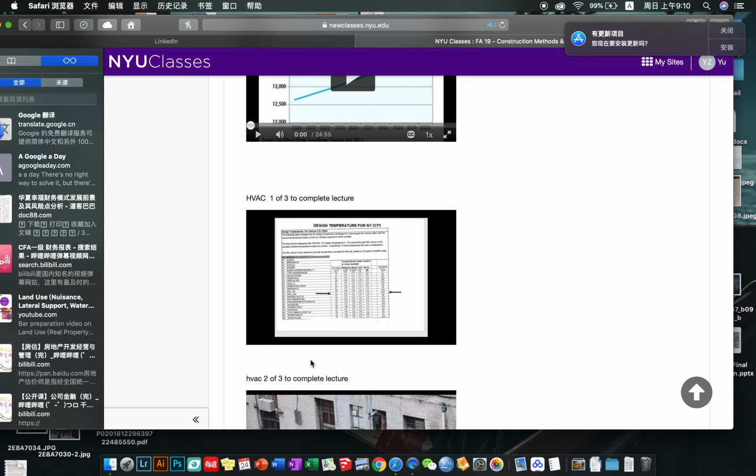When they're designing for various cities around the country, there is published historical data that we utilize that kind of gives us an idea of what we should be looking at.